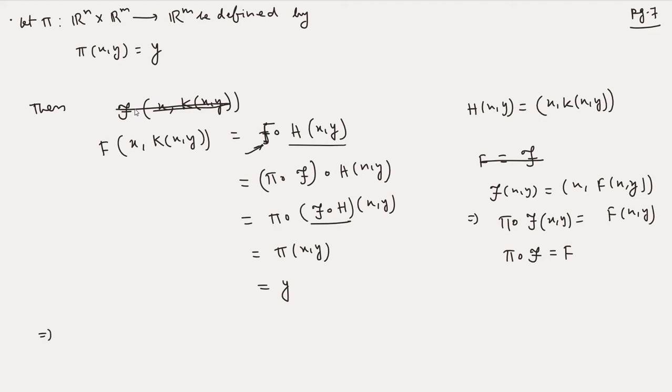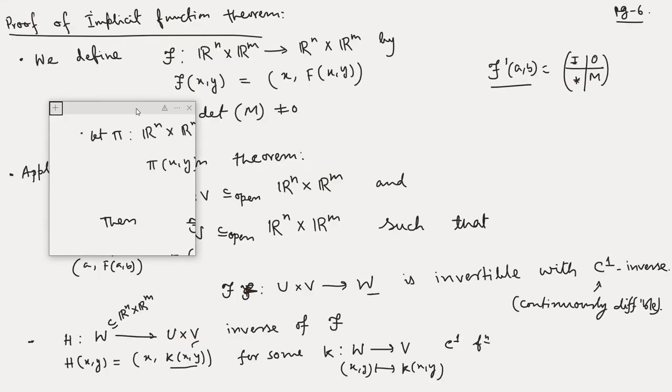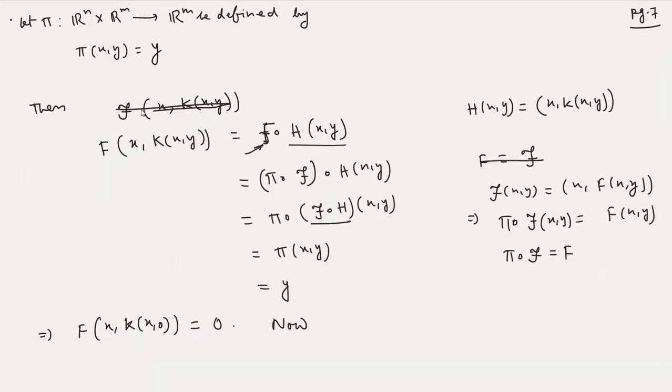Therefore F(x, k_x(0)) is equal to 0. Now go back to the statement of the theorem.